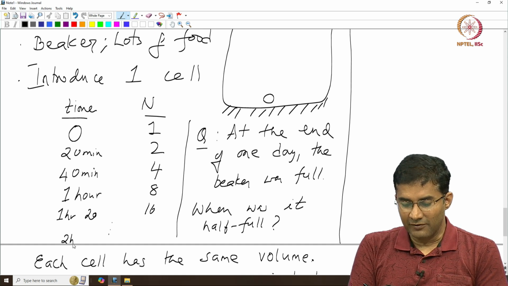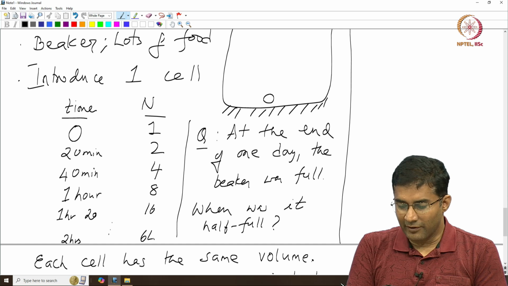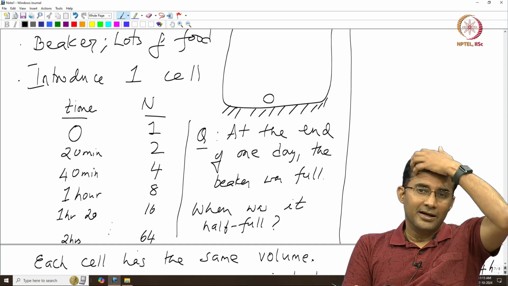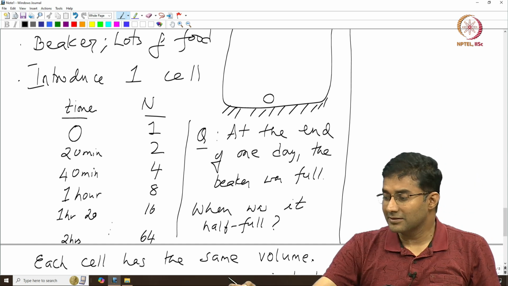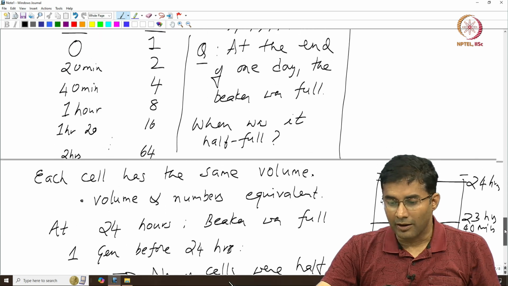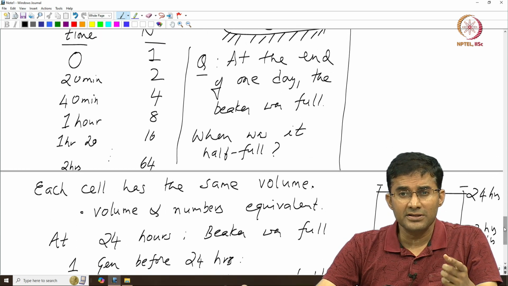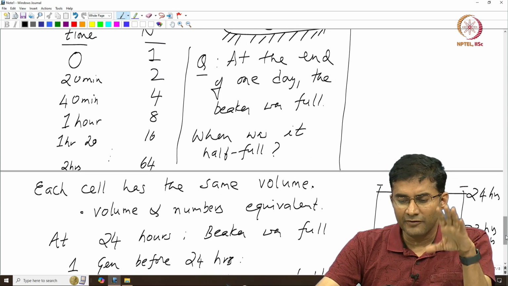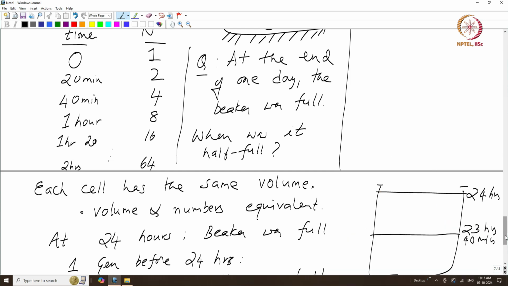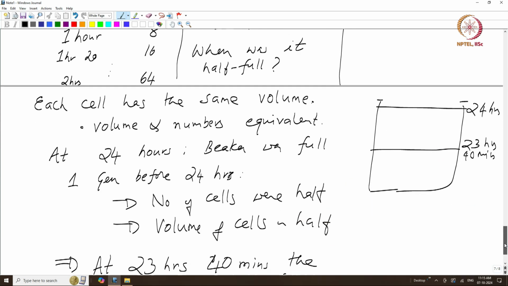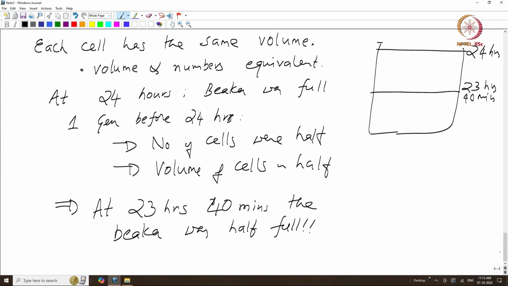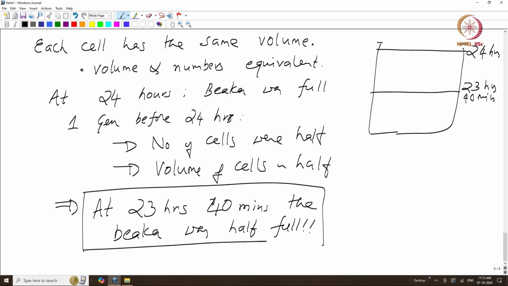If we had continued this, we would have found that it is only 64 cells. It is incredible to imagine that in 1 hour you are seeing more than doubling, but if you only look at the numbers, it is really hard to get the sense of how rapidly they are changing. And it only took 20 minutes to go from half of a beaker to the full beaker.